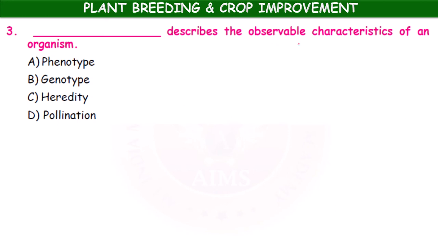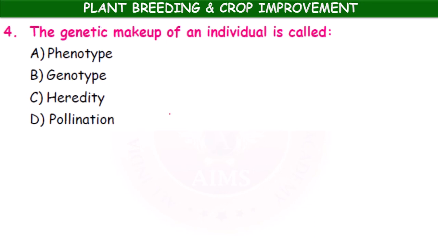Dash describes the observable characteristics of an organism: phenotype, genotype, heredity, pollination. Observable means external, physical: phenotype. Okay, A. The genetic makeup of an individual is called: phenotype, genotype, heredity, pollination. The genetic makeup means genotype.